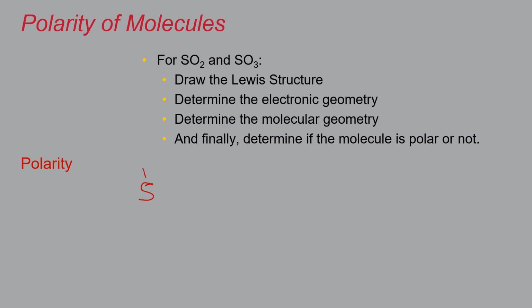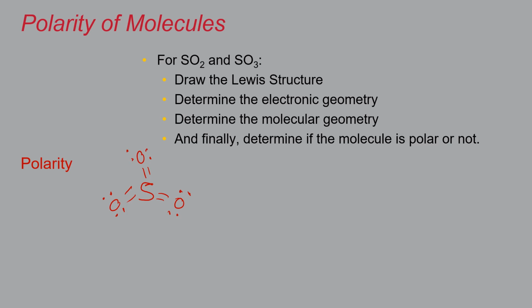So in this case, sulfur trioxide, you should end up with 3 sulfur-oxygen double bonds with 2 unshared pairs on each of the oxygen atoms. Now, let's do the geometry.